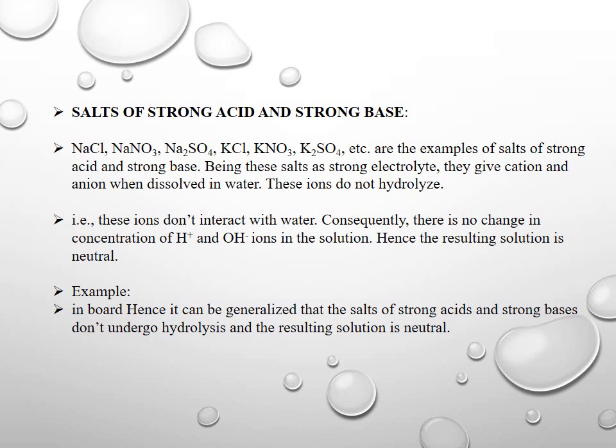These ions do not hydrolyze, that is, they don't interact with water. Consequently, there is no change in the concentration of H plus and OH minus ions in the solution. Hence the resulting solution is neutral. It can be generalized that salts of strong acid and strong base don't undergo hydrolysis and the resulting solution is neutral.